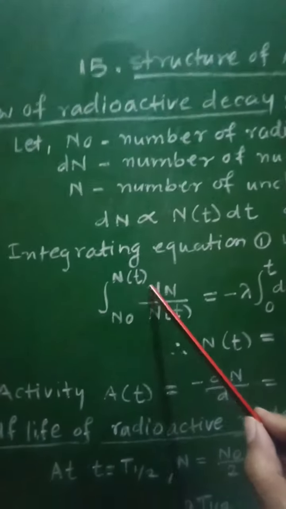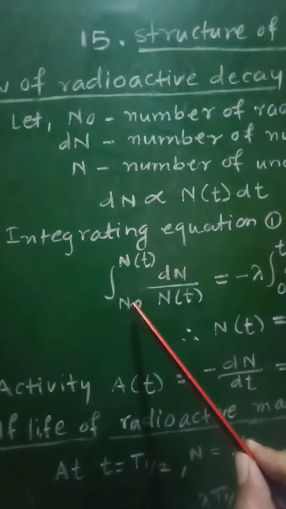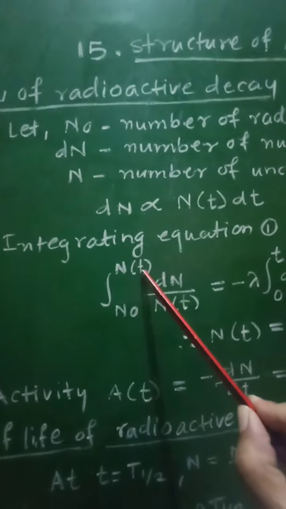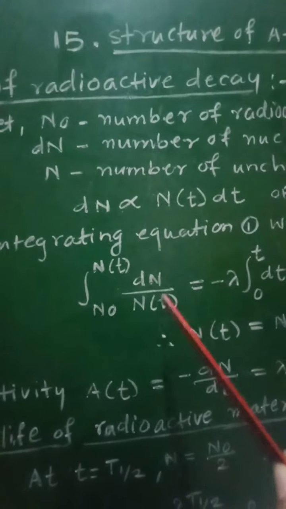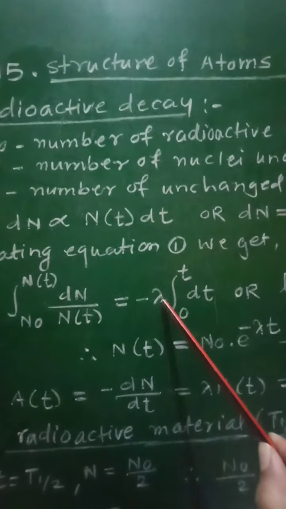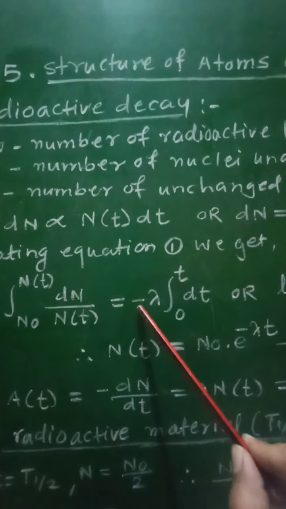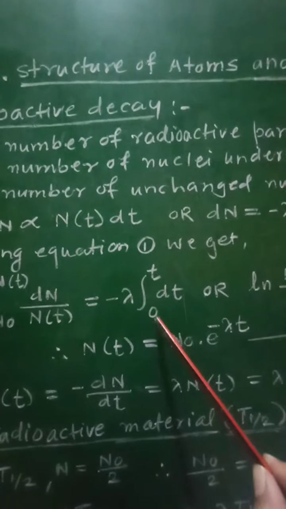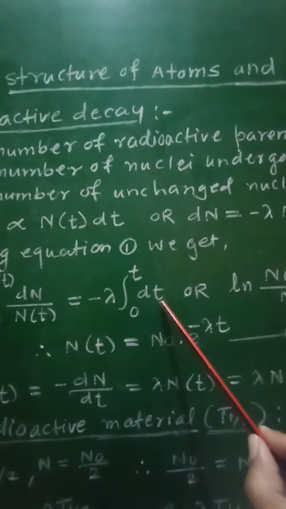So integrating this, we can write integration from N0 to N(t), dN upon N(t), equal to minus lambda, the constant taken out of the integration, integration from 0 to t dt.